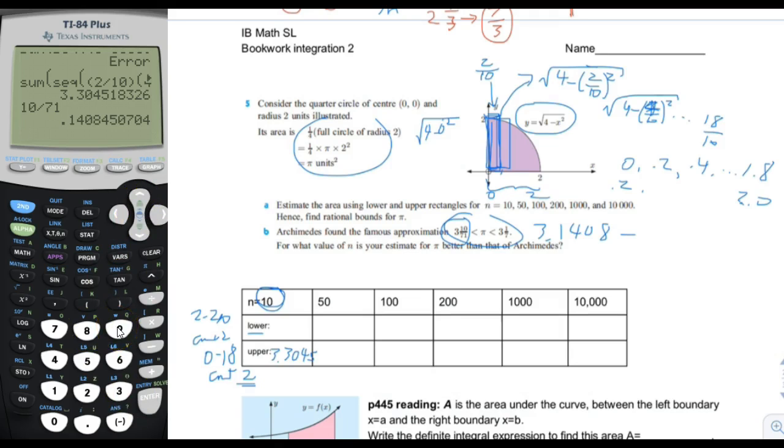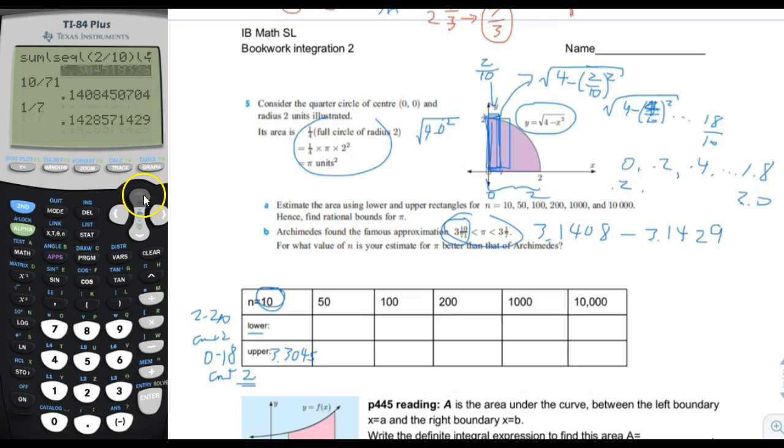And then 1 divided by 7, which was Archimedes' upper limit, is 3.1429. Okay, so the real value is 3.14159. Okay, so we're trying to get closer than that.